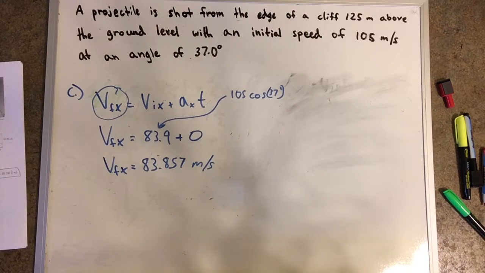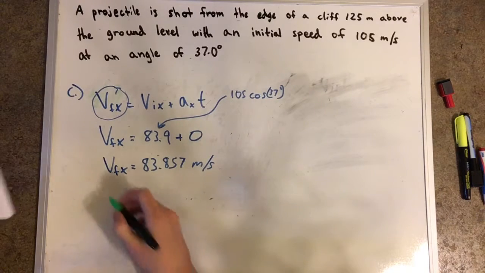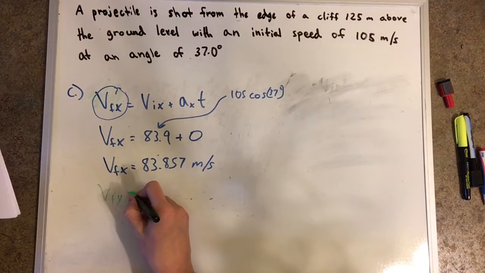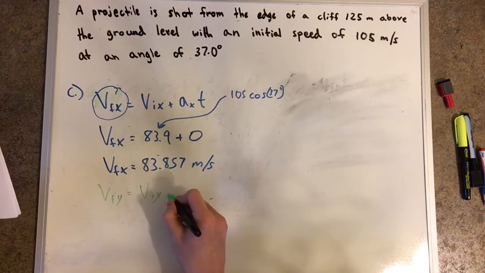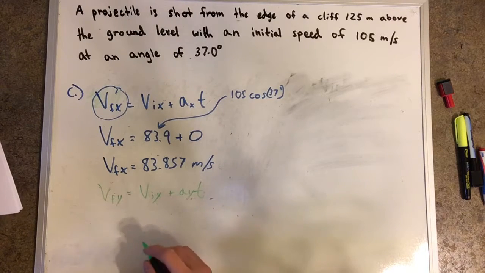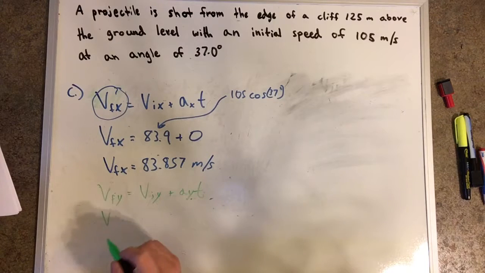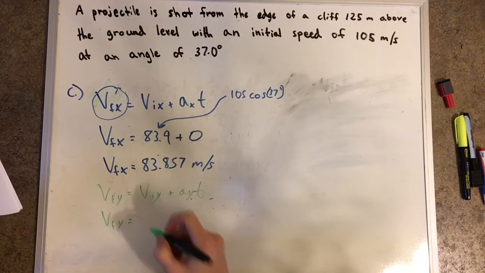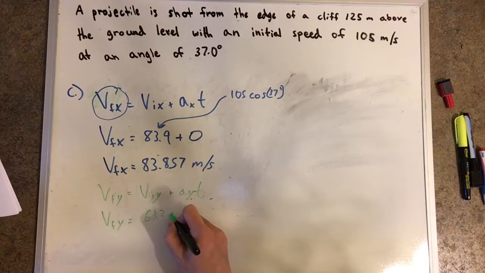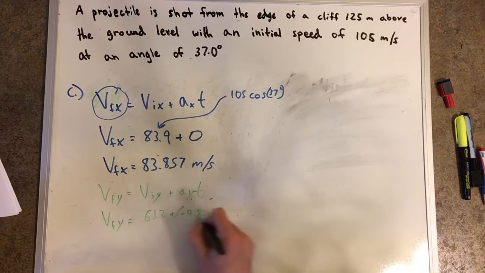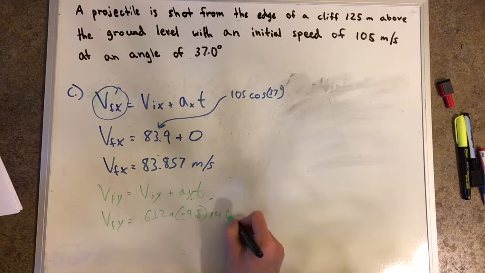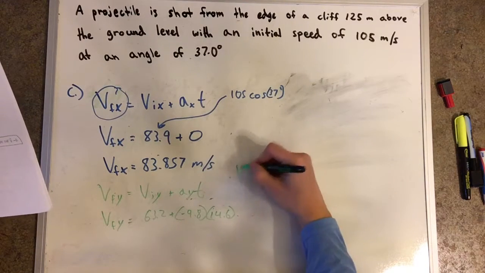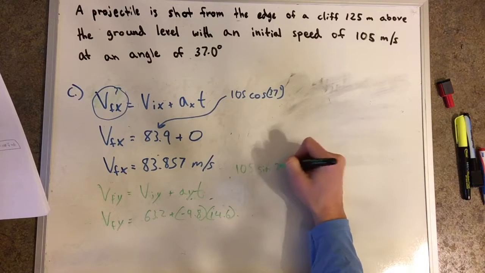Next, do it in the y direction. Similar formula. Vfy equals Viy plus ay t. Similar, you plug in the variables. Vfy equals 63.2 plus negative 9.8 times 14.6. And again, 63.2 is derived from 105 sine 37 degrees.